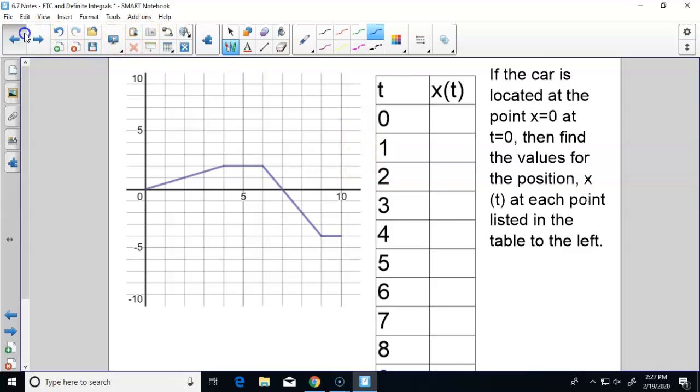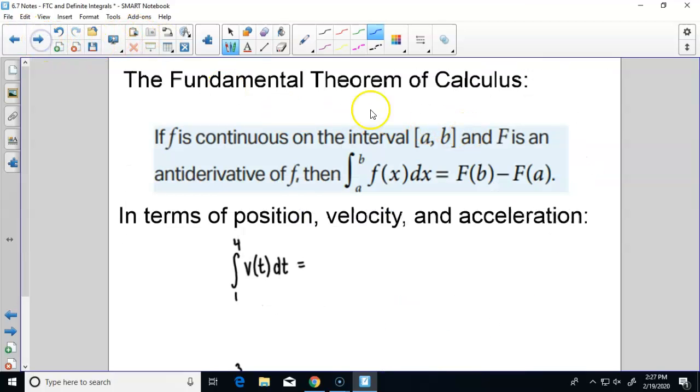So the fundamental theorem of calculus, as applied to definite integrals, tells us if f is continuous on the interval from a to b, and capital F is an antiderivative of f, then the integral from a to b of f of x dx equals capital F of b minus capital F of a.